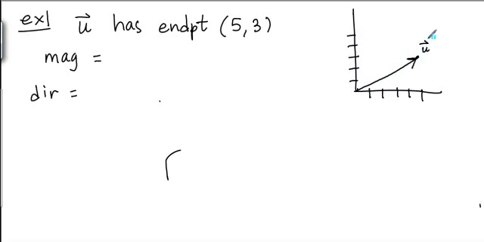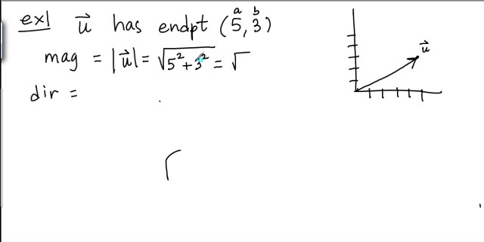Now I want to find the magnitude of u, which is the square root of a squared plus b squared. a is 5, b is 3. So it's the square root of 5 squared plus 3 squared, which is the square root of 25 plus 9, which is 34, roughly 5.83.